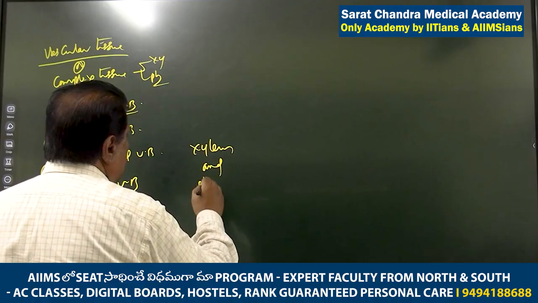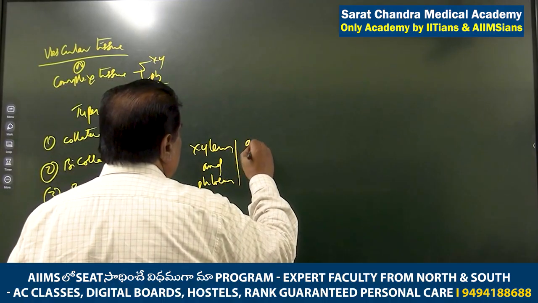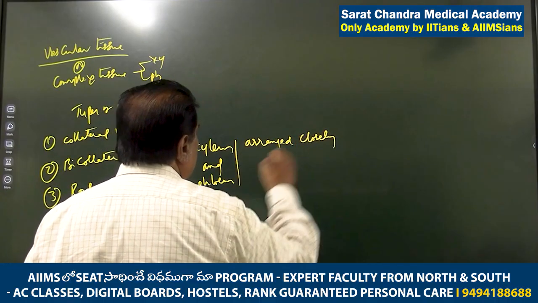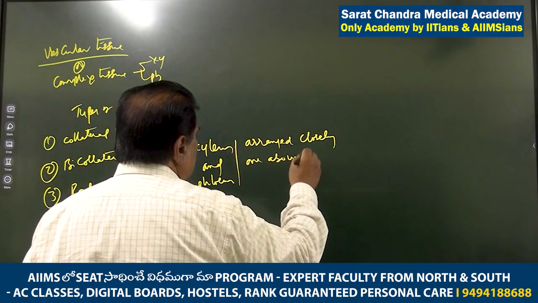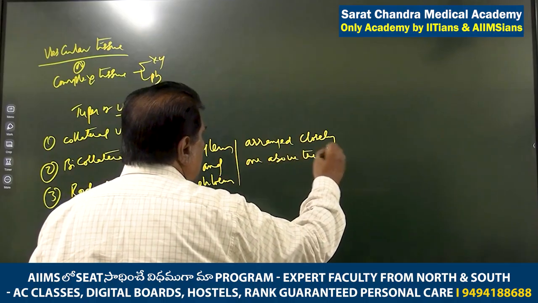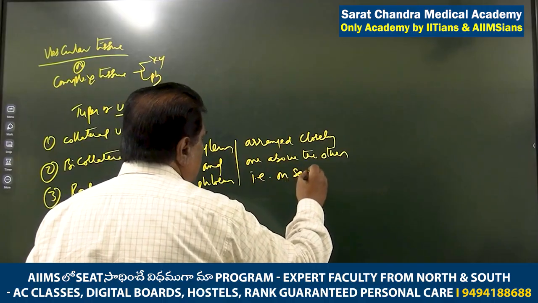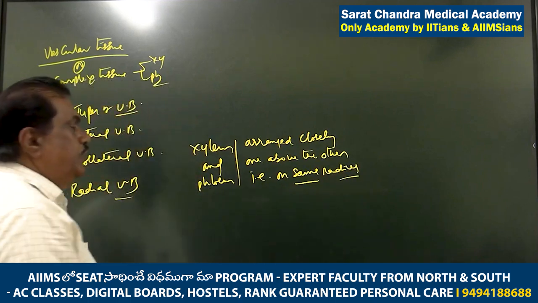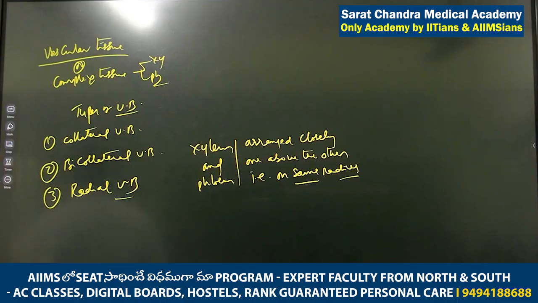Xylem and phloem arranged closely, one above the other. One above the other means on the same radius.